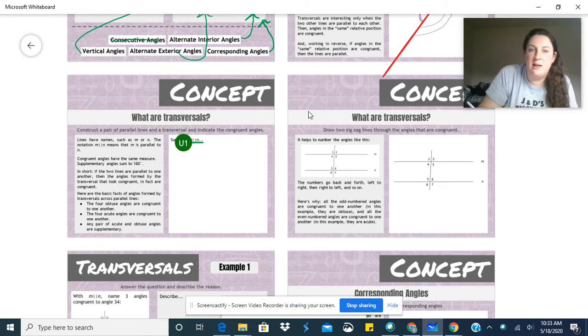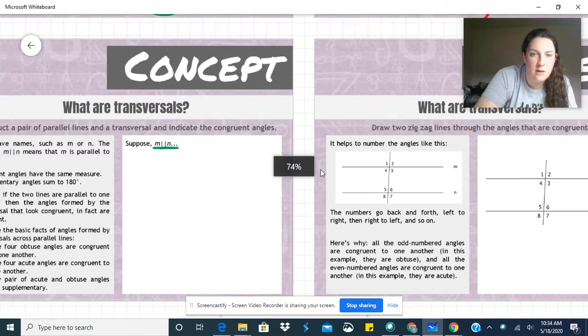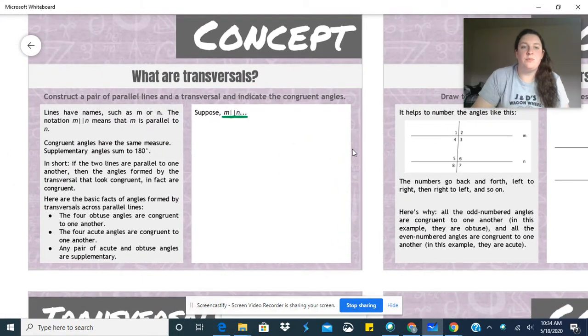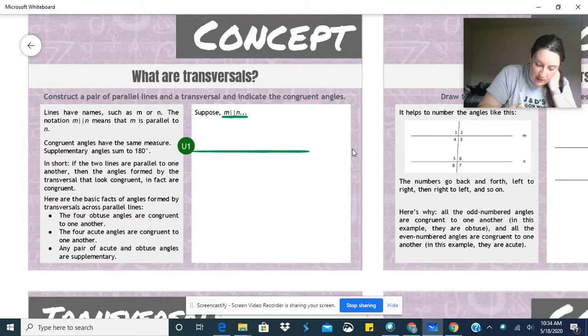Line M is parallel to line N. Zoom in a little bit so you guys can see better. So, line M is parallel to line N.